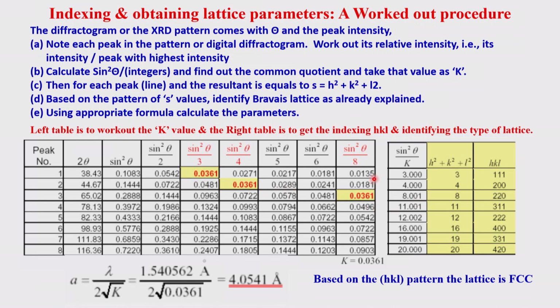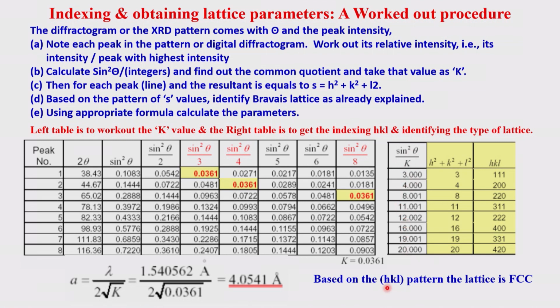That means you take the sine squared value and divide with this k. The k in this case has come as 0.0361. Therefore, 0.108 divided by 0.0361 is equal to 3, and 0.1444 divided by 0.0361 is equal to 4. Like that, you get 3, 4, 8, 11, 12, 16, 19, 20.